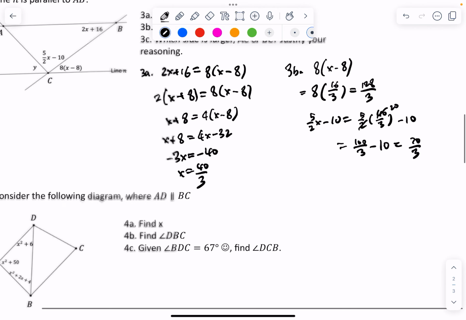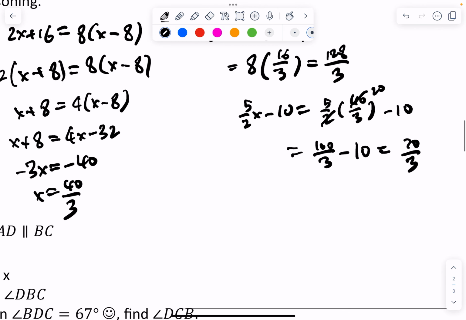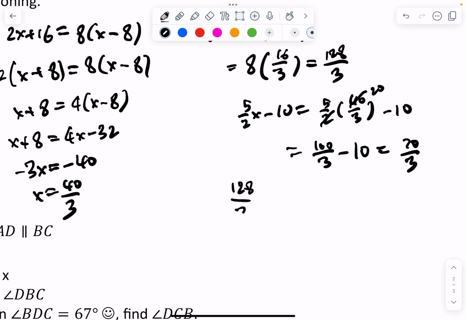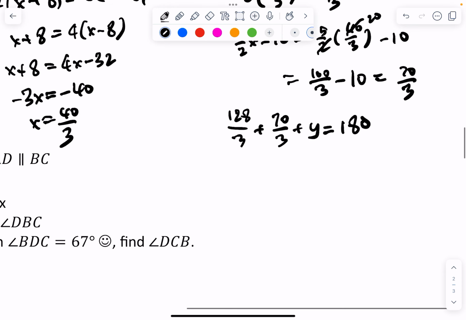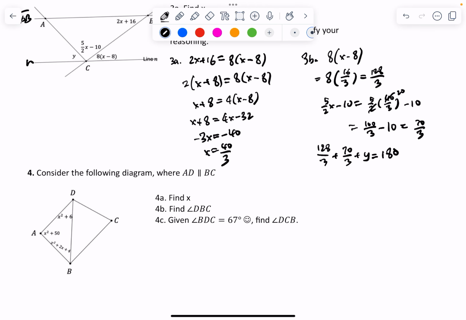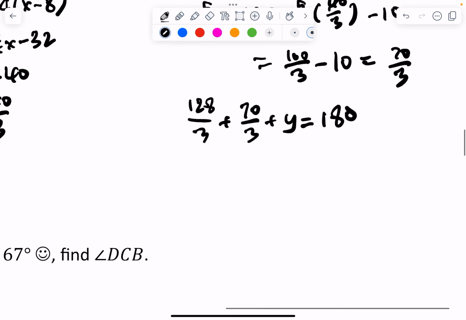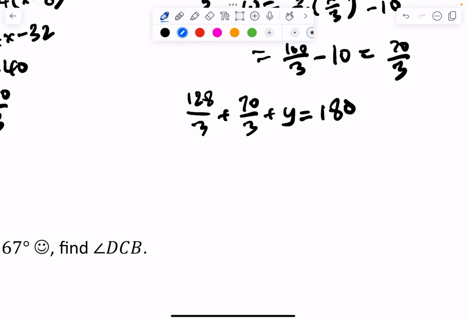And then y would just be equal to, so we know this plus 70 over 3 plus y equals 180, and then this would just be 198 over 3. It is 198, right?